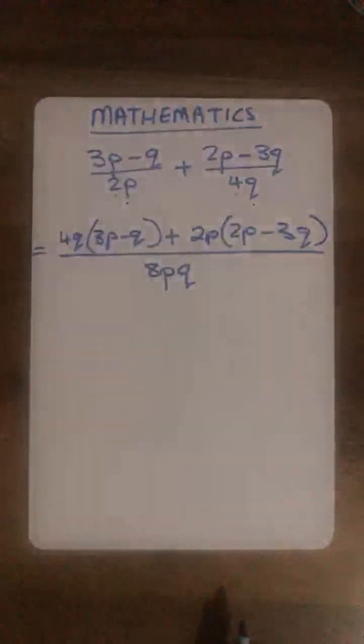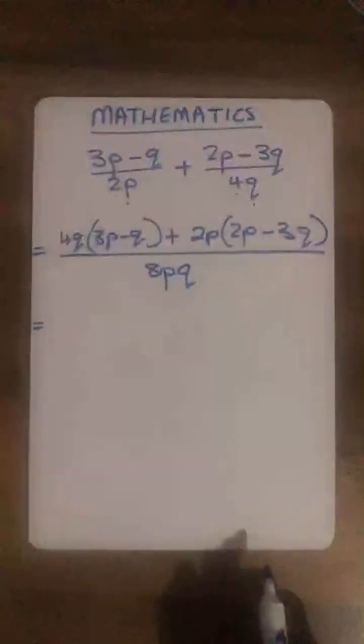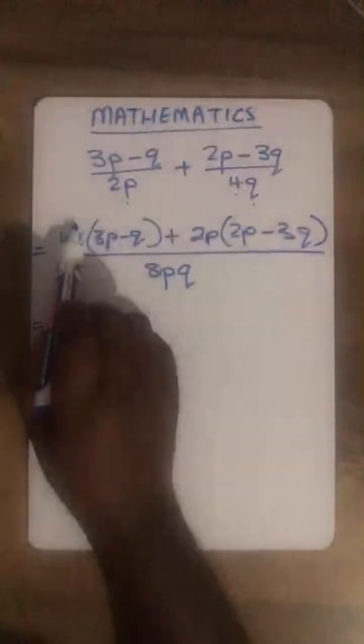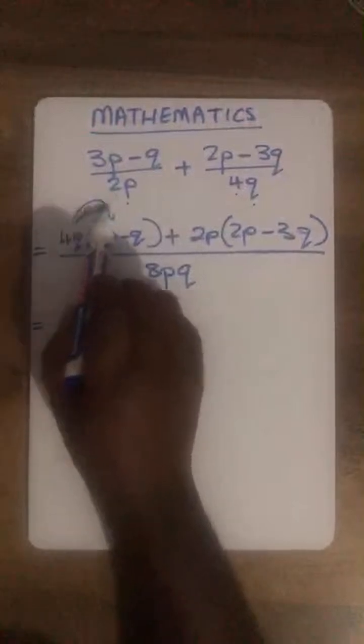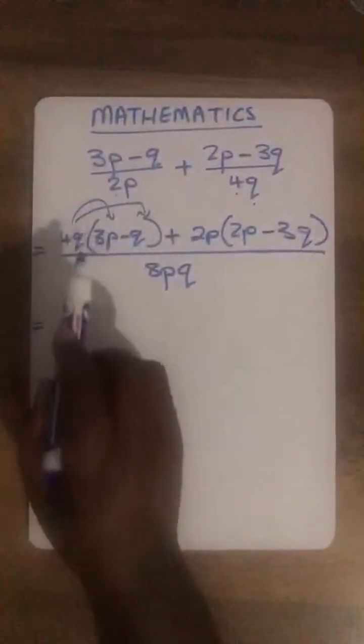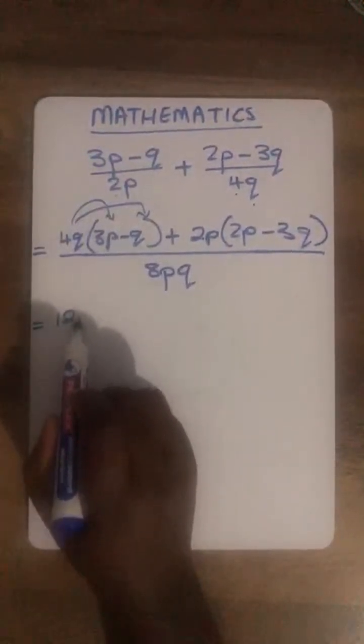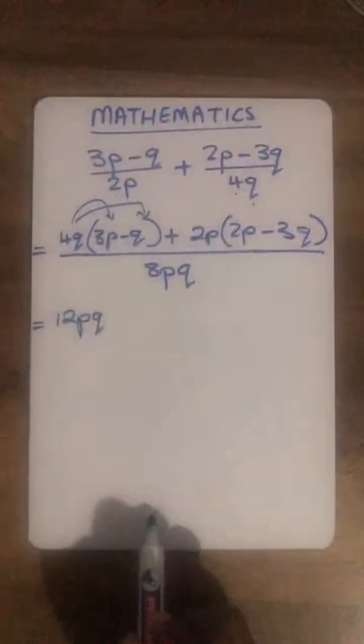I noticed some of you guys did comment to say done, done, done. Okay, so now let us see. That means you do that by that and then that by that. So it's like you have 4 times 3, which is what? That should be 12. And then we have PQ.